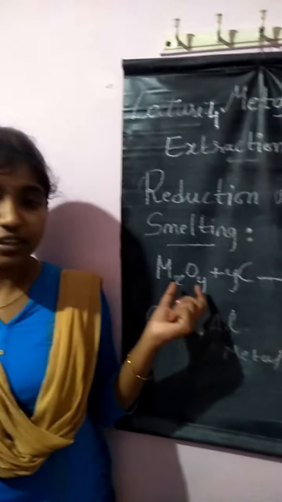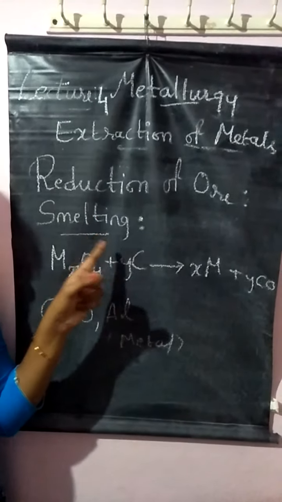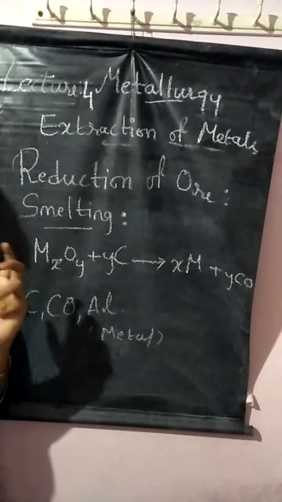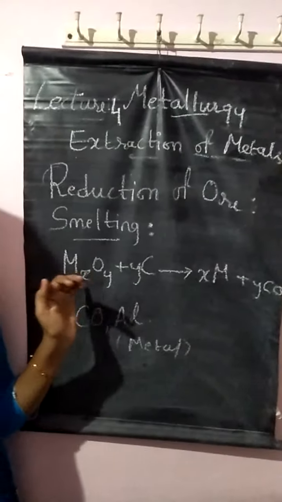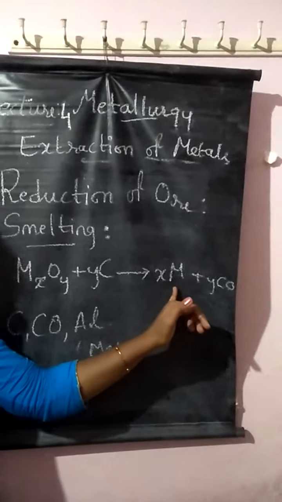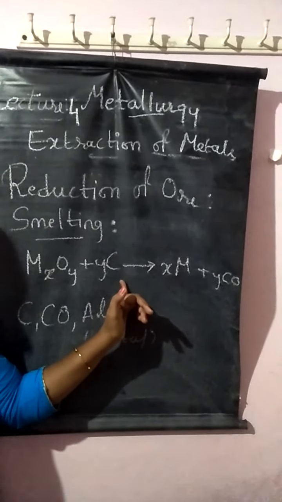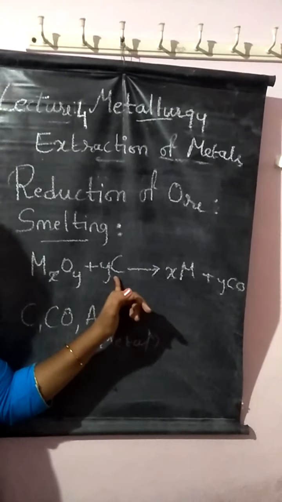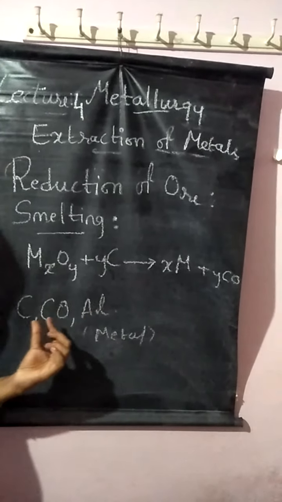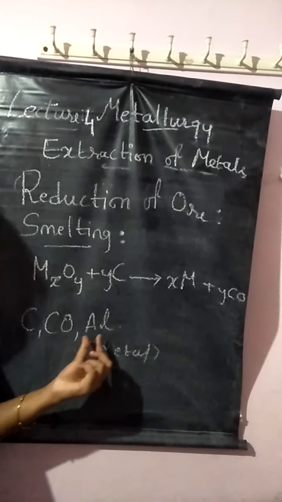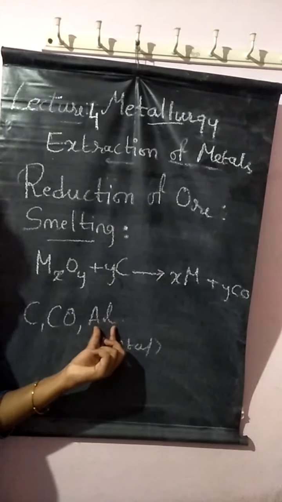In the process of smelting, the oxide metal ores which are obtained by calcination and roasting are finally converted into the crude form of the metal by reducing them with a suitable reducing agent. Here the reducing agents generally used can be carbon, carbon monoxide, or a metal like aluminium.